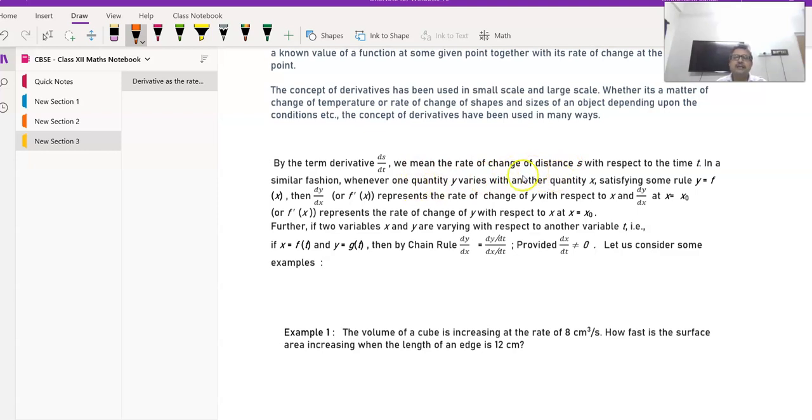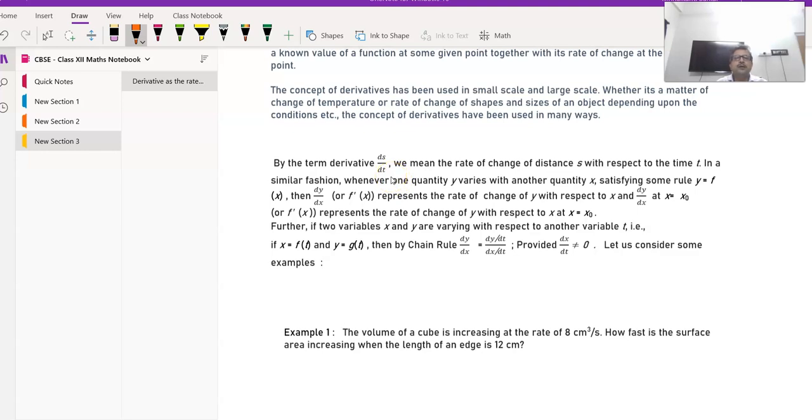This s may be anything, it may be volume, it may be distance, it may be displacement, whatever. That how s changes with the physical quantity t can be discussed by calculating the rate of change of s with respect to t.